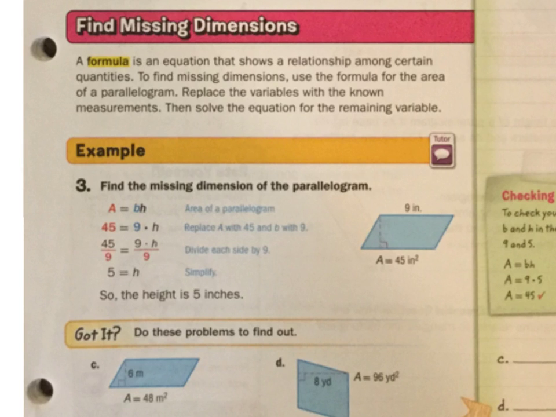Okay, now, because we know the formula, A equals base times height, we can figure out a missing dimension. Maybe we know the area, like in this example here. We know the area, we know the base, we just don't know the height. So here's a question mark. So the way you do that is you put in your area, which is 45, you put in your base, which is 9, and then your h, which you don't know. So it's a variable. 9 times h, which is 9h, equals 45.